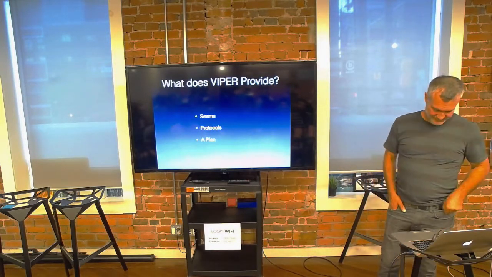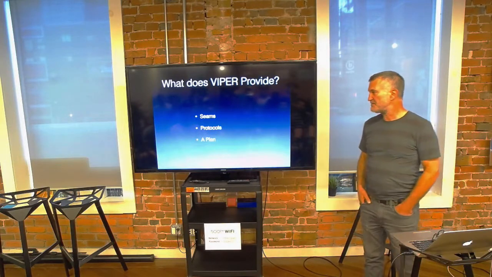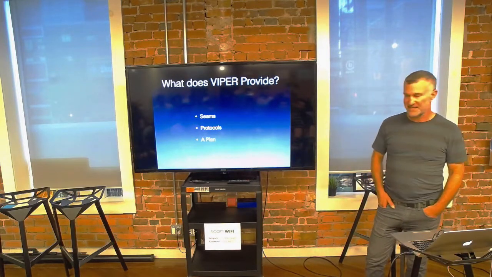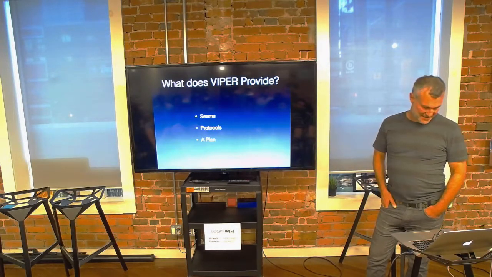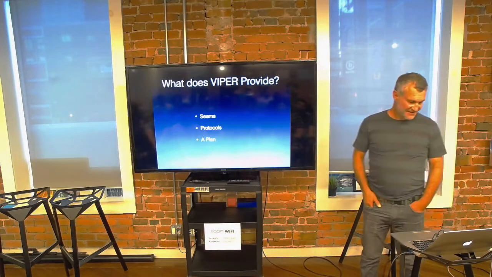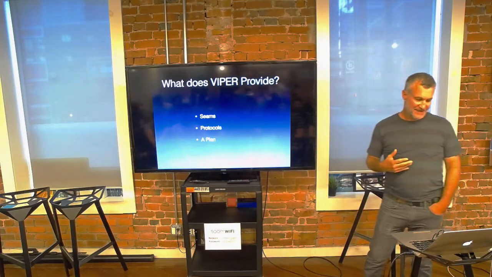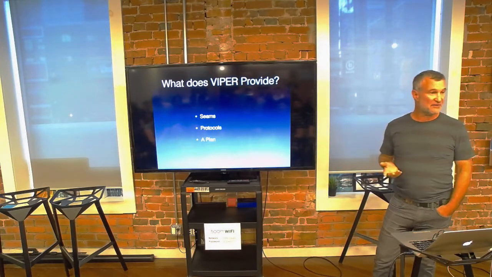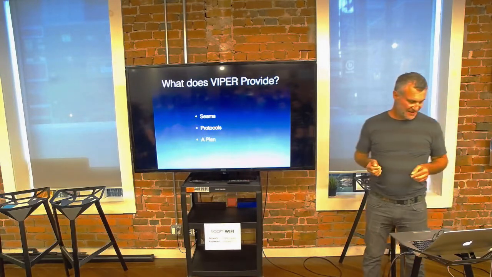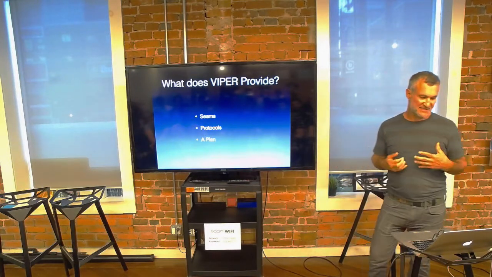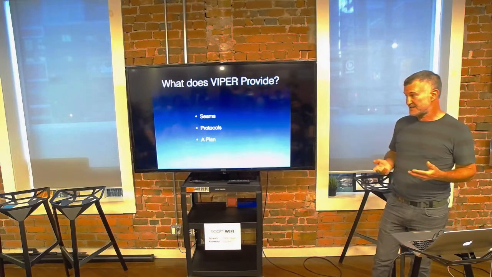All right. So what does Viper provide in terms of test-directed development? Scenes, protocols, and a plan. Okay, so scenes provide a place to insert tests into the code. They're places between method calls. Protocols provide places to send the output between the stages.